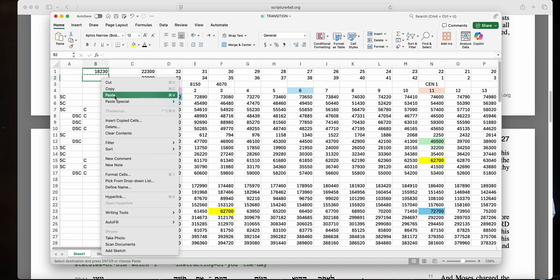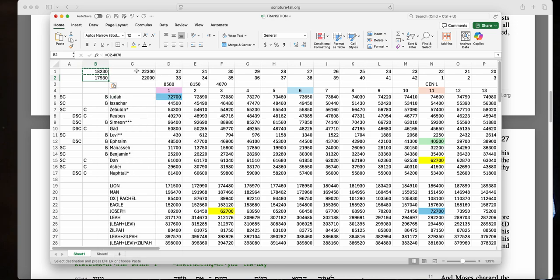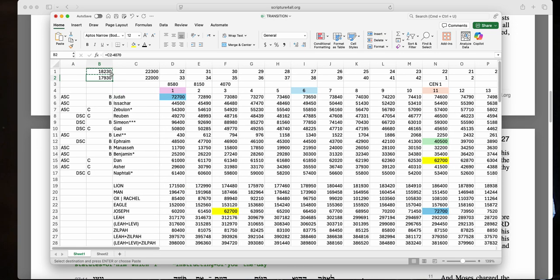So our 22,300 figure gives us, that's interesting with the 182, because we see that tied into Levi's step change. But also this 179, you're going to see that 8150 for both of these ends up having a divisor of 163.